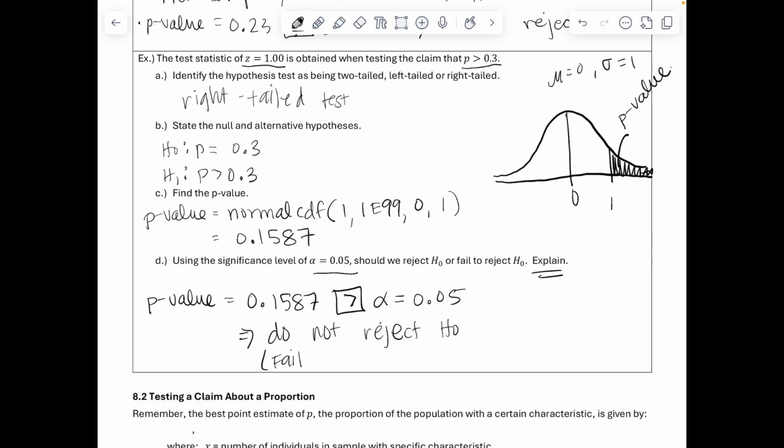And again, remember, you could also word this as fail to reject H0. And again, the reason why is because our p-value is greater than alpha.